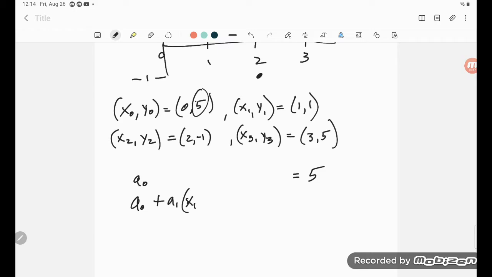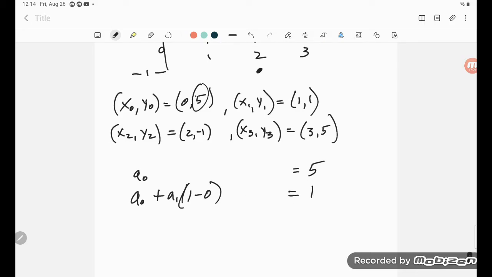So x1 minus x0, oh, well, I don't want to write, I want to actually just do it. So I've got x1, which was 1, minus x0, which is 0. So I have that, and that equals y1, which is 1.